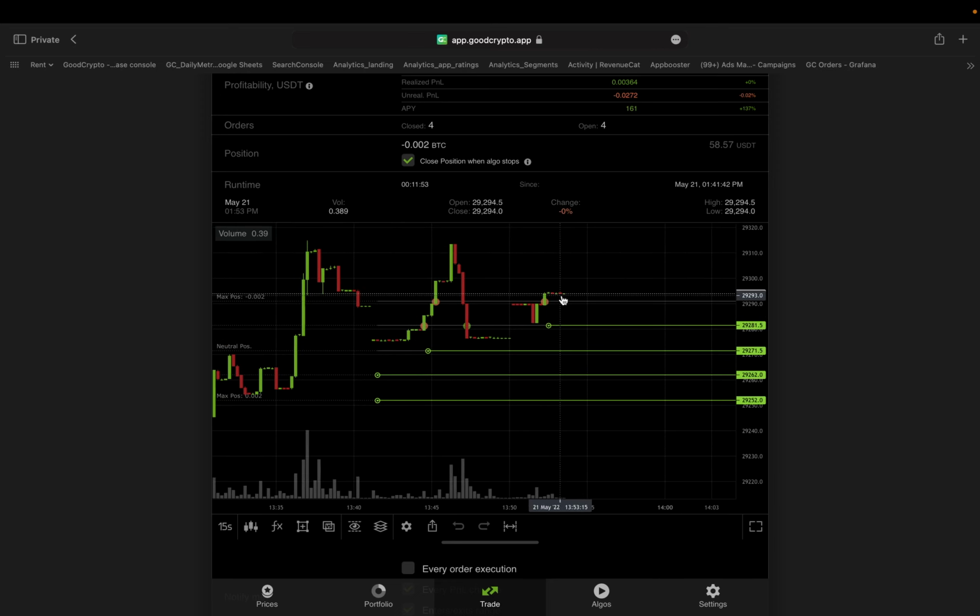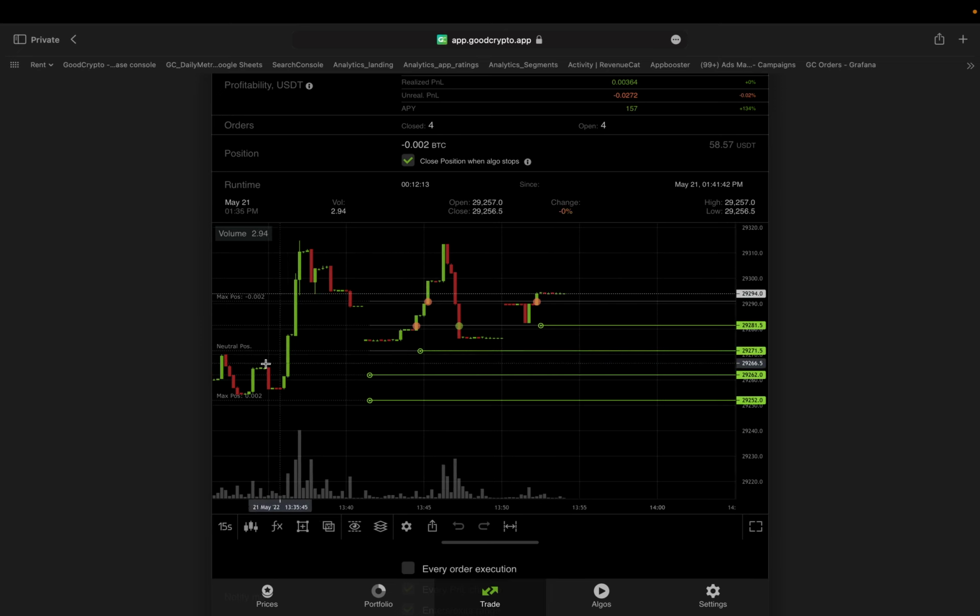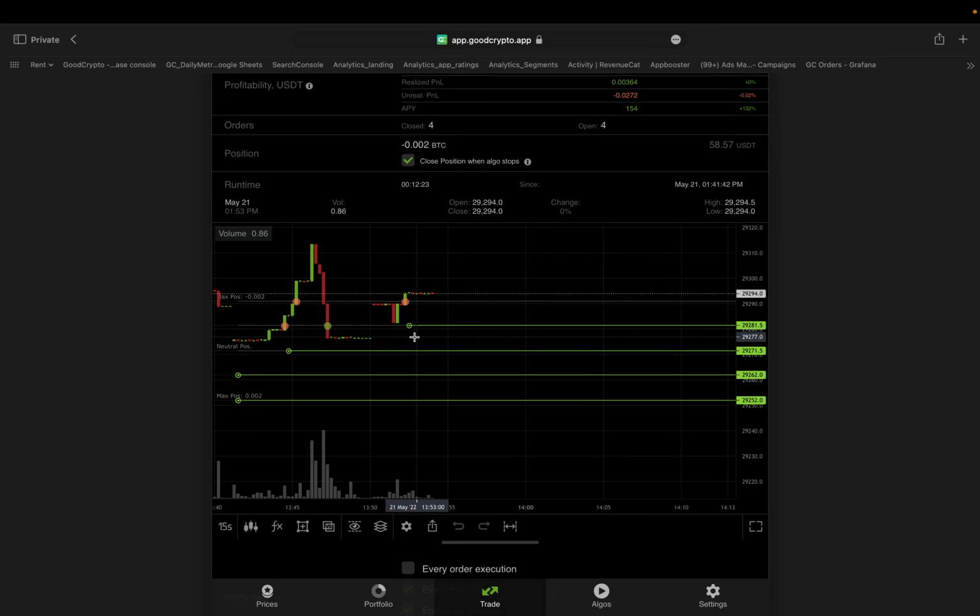Now it's outside the grid level, but as you can see, it closed a sell order here, a sell order here, bought back what it sold here, then sold it again here. Next time the price goes down, it will buy it back. If the price goes to this level, it will become neutral, so it'll have a position of 0, so it will buy back all that it sold here and here. Again, the principle stays the same.